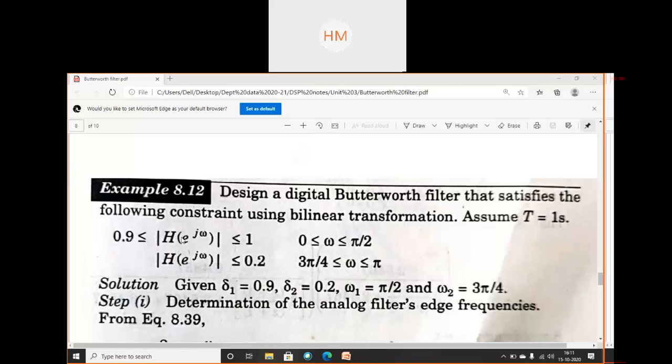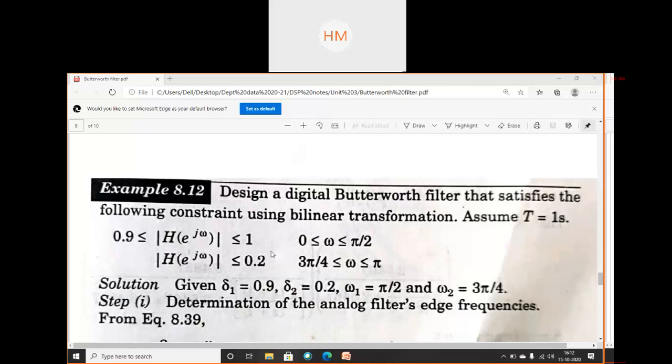so the cutoff for the transfer function limits are 0.9 to 1 and 0.2. This is my passband cutoff region. Okay. So start simplifying this. 0.9 is given to you.